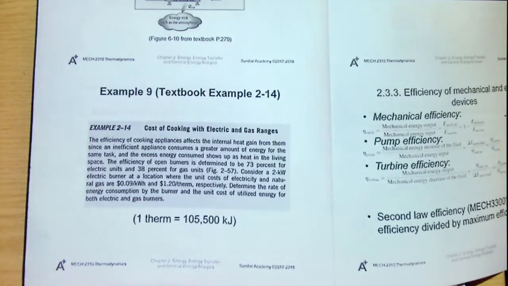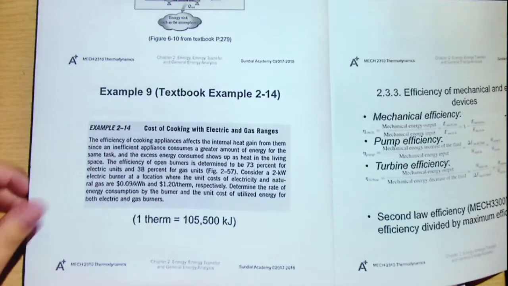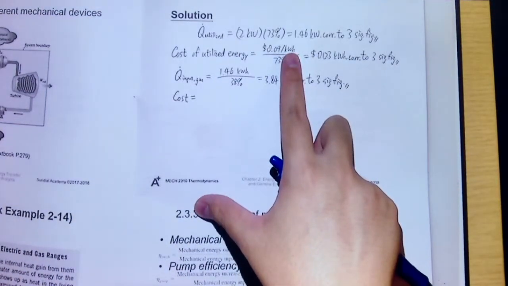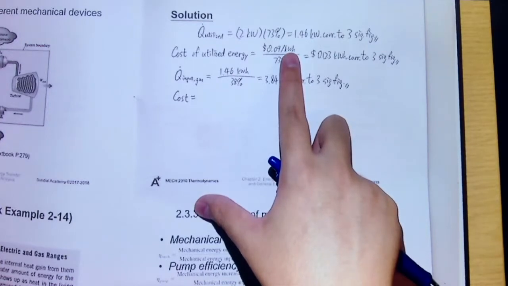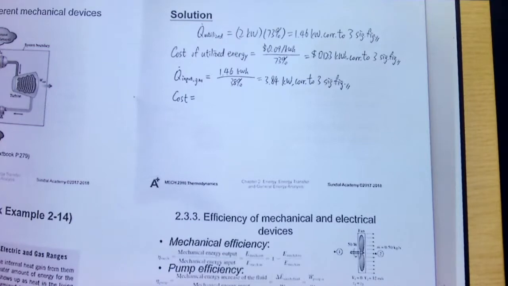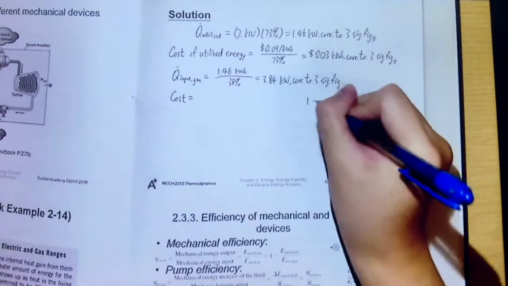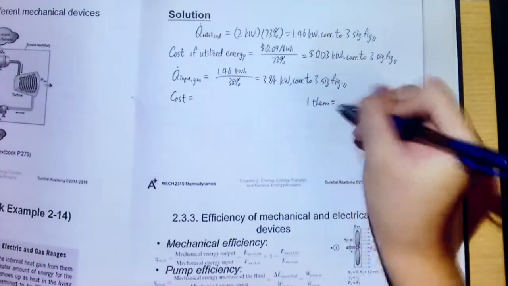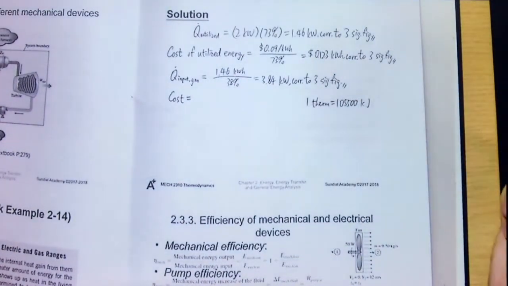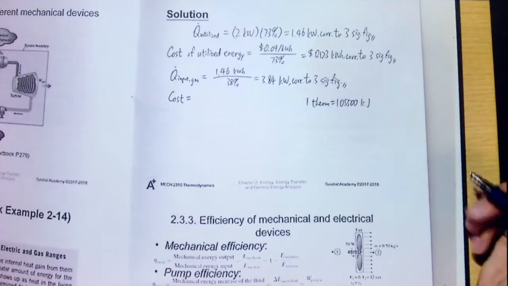If we would like to do a comparison, we need to homogenize the units first. We need to make the units the same. For example, here we have used kilowatt hour. Either we convert all of the units to per therm or to per kilowatt hour. Let us do some conversion here. So 1 therm, as we have set it, equals 105500 kilojoule. How can we convert this to kilowatt hour? Easy.